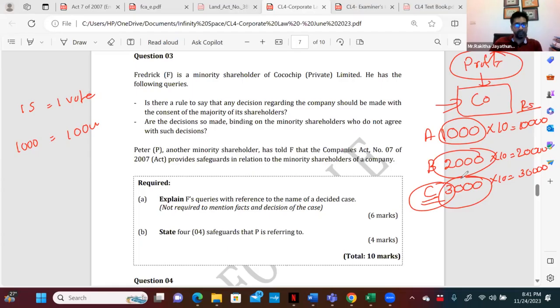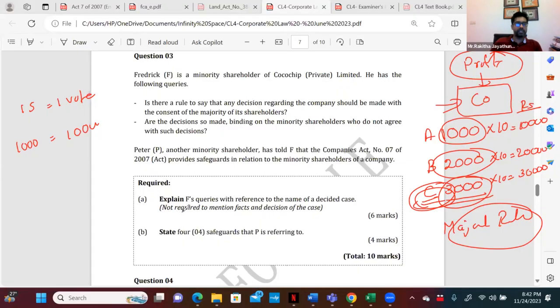Therefore, when you're passing a resolution, C can influence more in this decision-making process. It's reasonable. No one can say it's unreasonable because he has invested more, his risk is high, therefore he has more voting powers. This is what we call the majority rule.